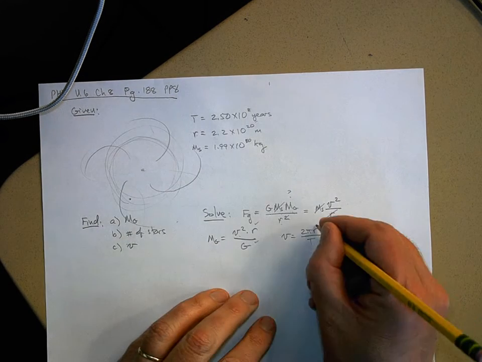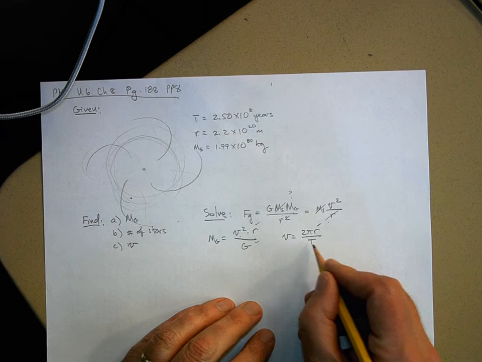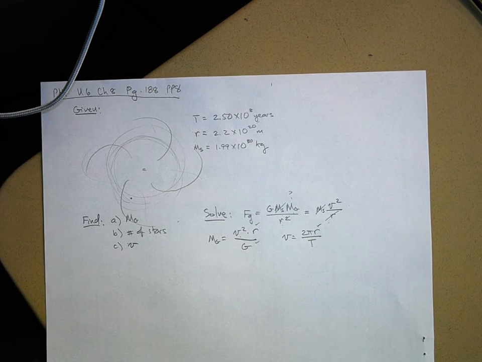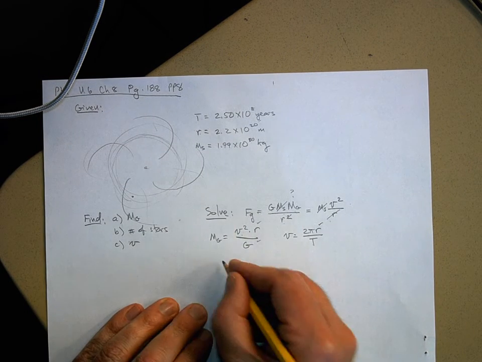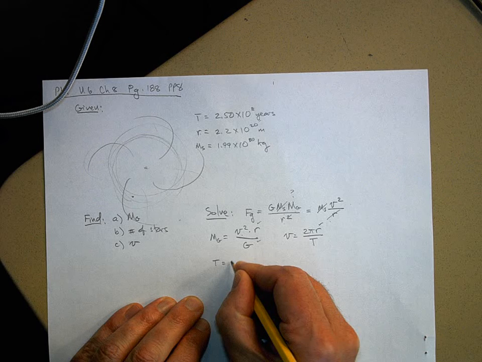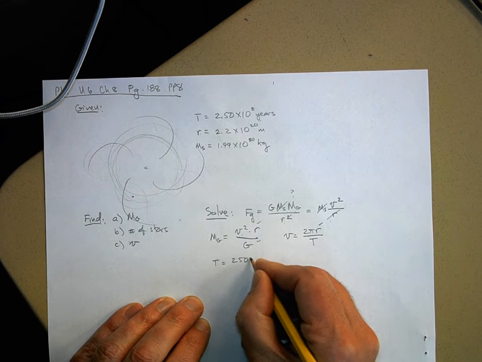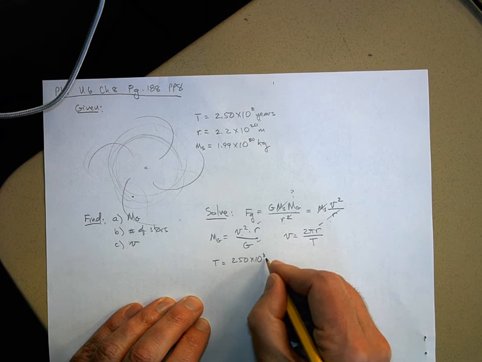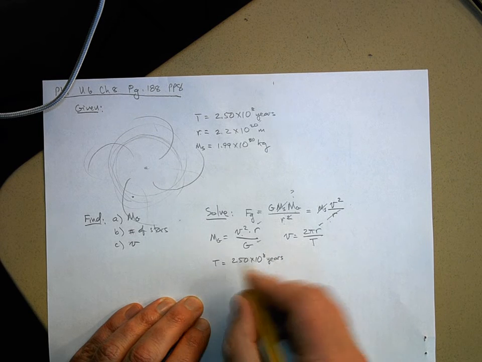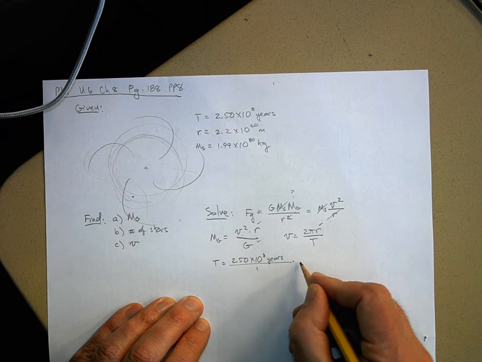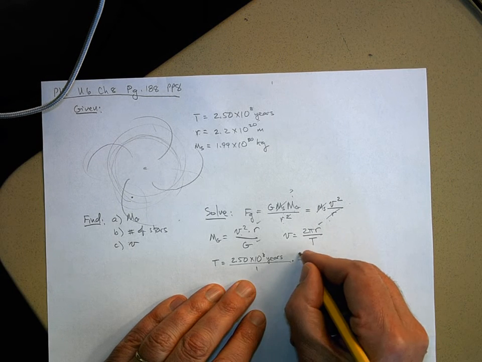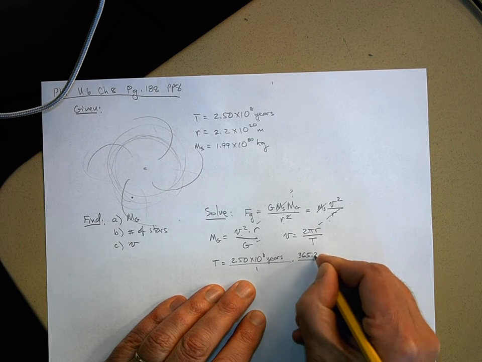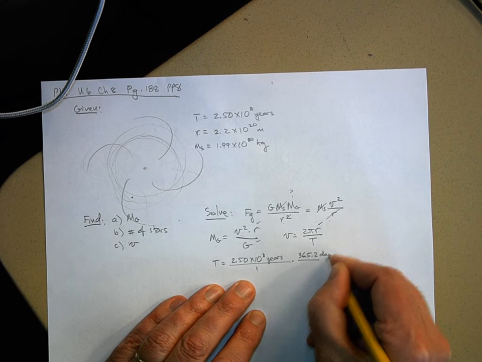We already know what r is in meters, but we have the period in years, so we have to change that. The period equals 2.50 times 10 to the 8 years. That's 365.25 days in 1 year.